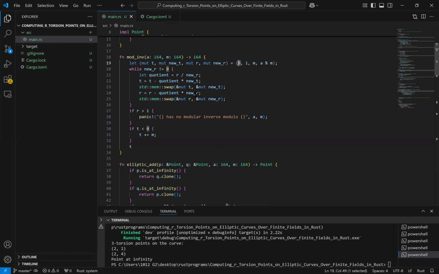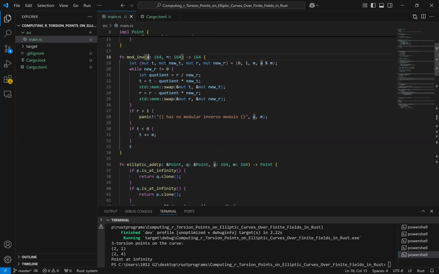Of course, mutable means it will be changing, so it's not static. The 0 will change to another number, and so on. And then the new t, we also initialize at 1. Of course, we know how to get the mod inverse of 2 numbers.